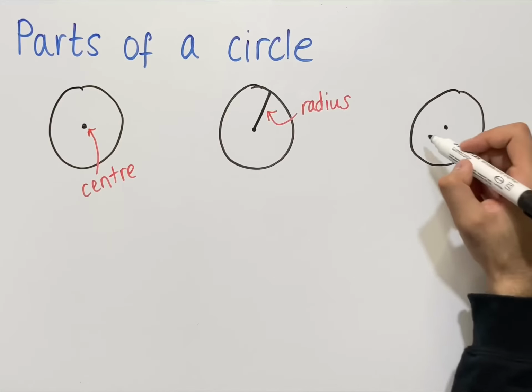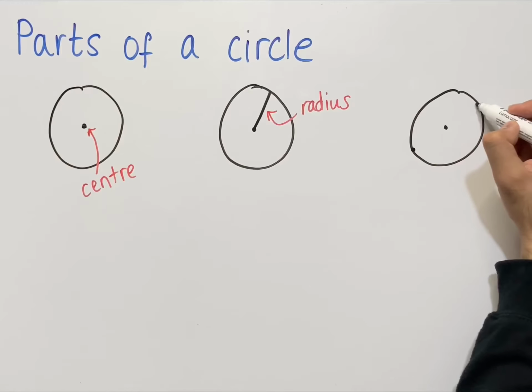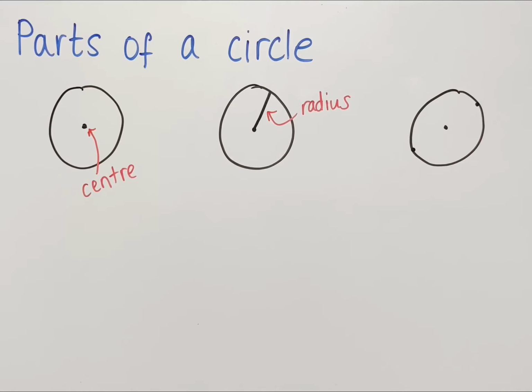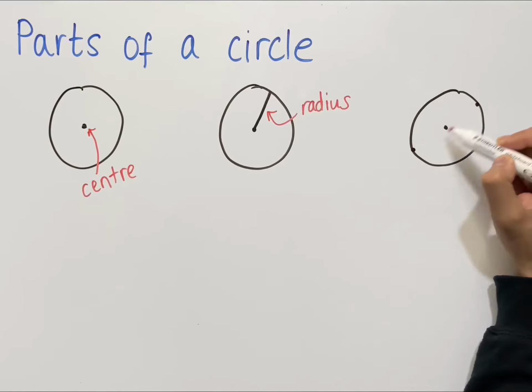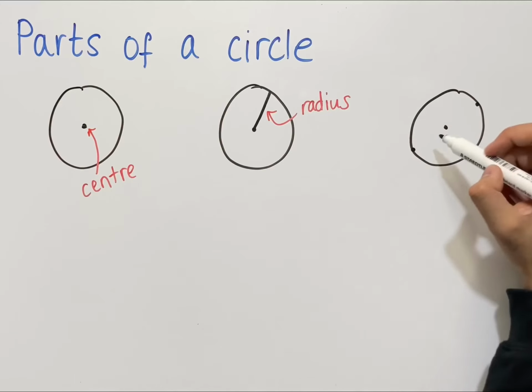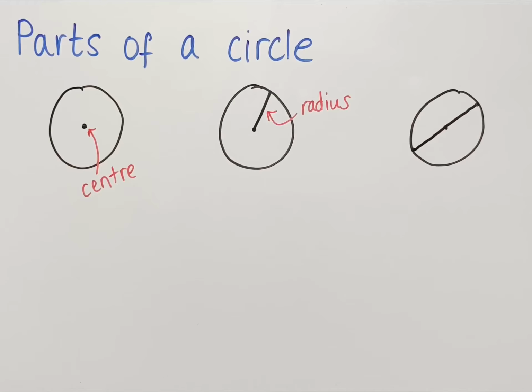So for instance, if we had one point here and we had another point here, then we could join those 2 points with a straight line that passes through the center. And so that line is called the diameter of the circle.